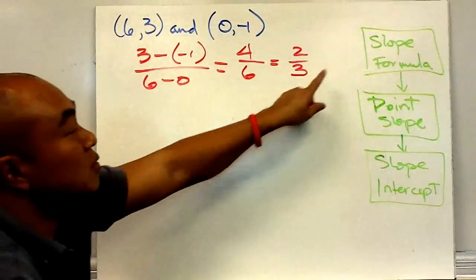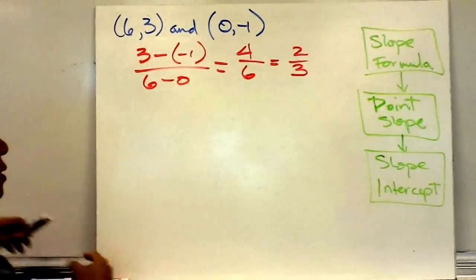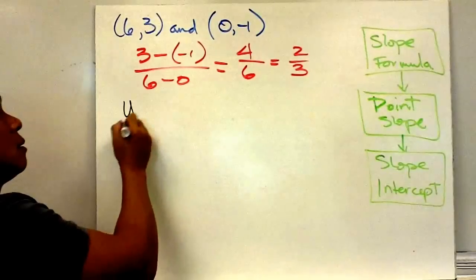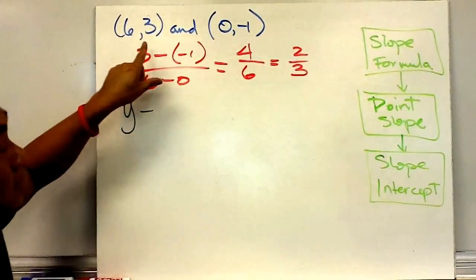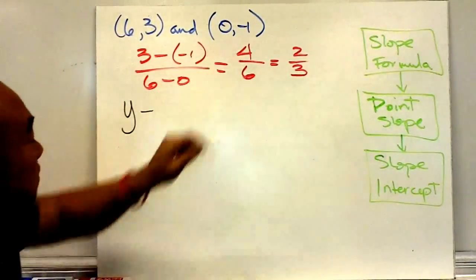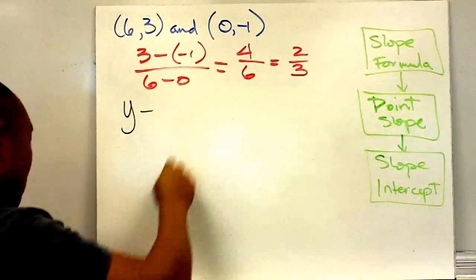Alright, so now that we have our slope, we're going to insert that into our point slope formula. So here we have our y minus, and then we're going to take any one of these points. And I know the first one I took this one, so let's take this one. So that's going to be our y, which is negative 1.